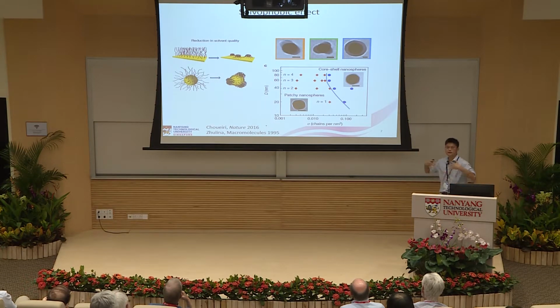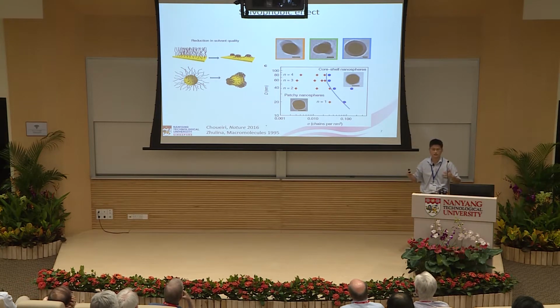But when we increase the grafting density or increase the chain length of the polymers, the system will go to a uniform layer, because at high grafting density the smallest surface area is a flat surface, since now you have enough polymers to cover the whole surface.